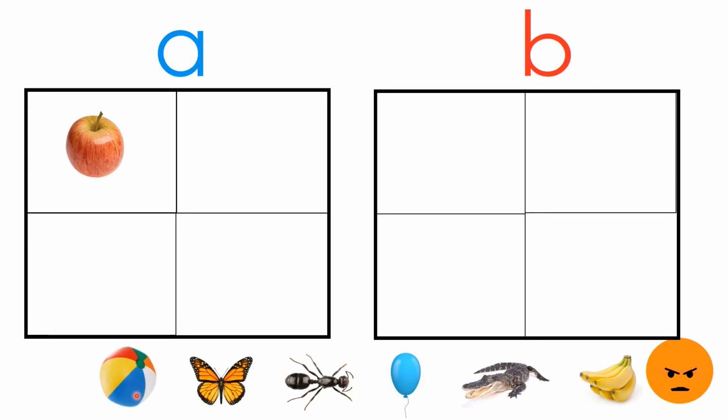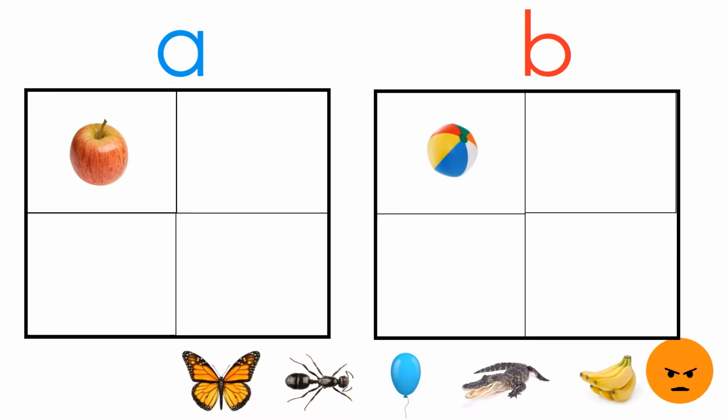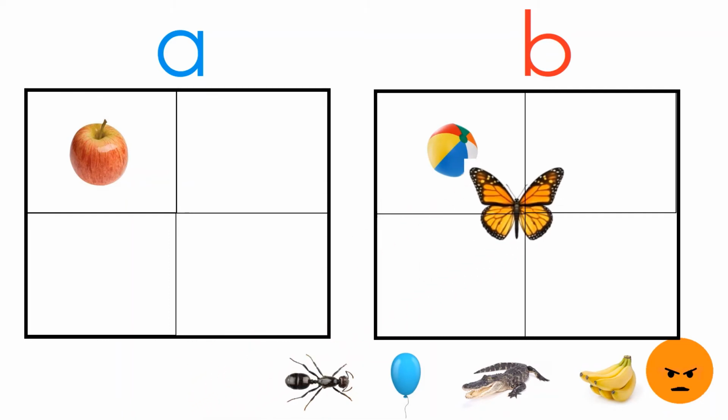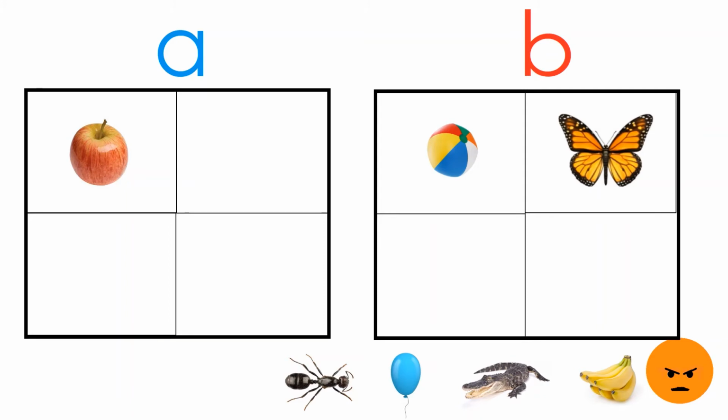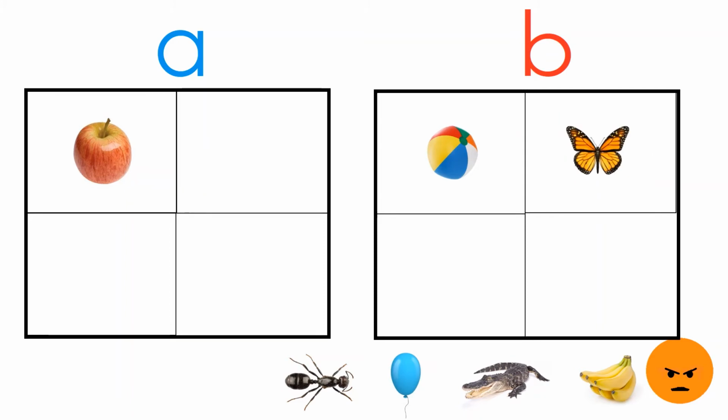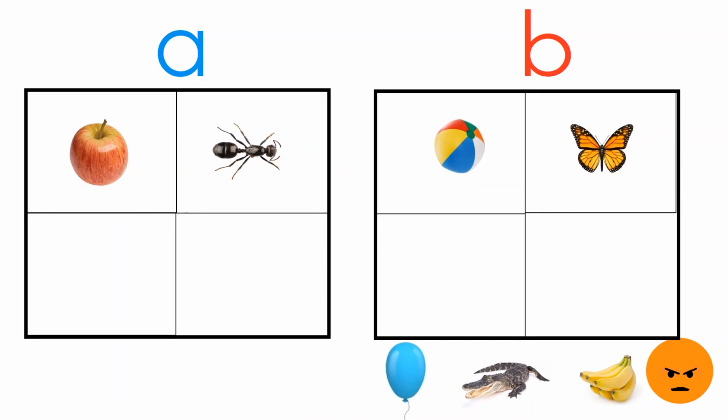When we say ball, what first sound we make? Ball. So find a picture of ball and put under B. Butterfly. Find a picture of butterfly and put under B. Ant. A. Balloon.